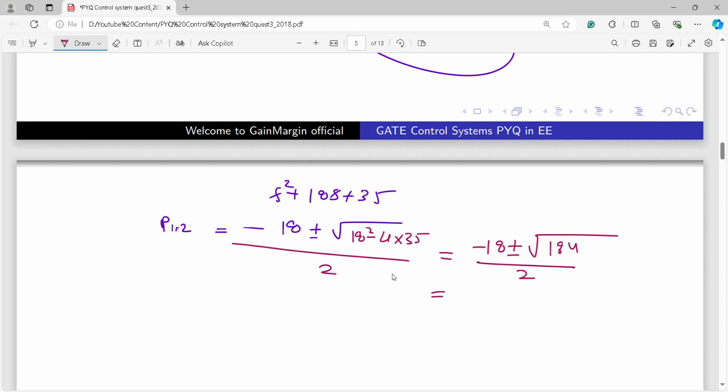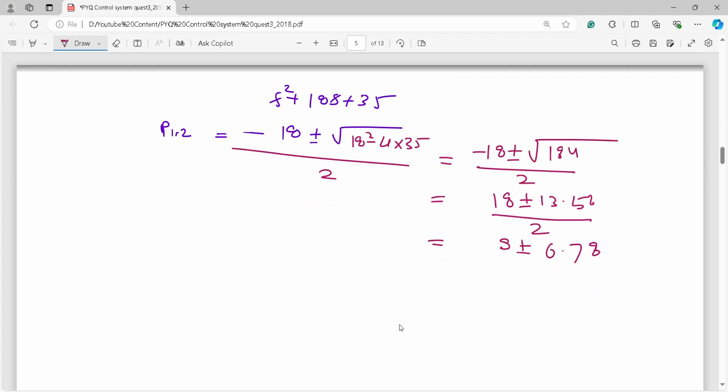So 184, it is coming out root 13.56 approximately, by 2. If you solve it, 9 plus minus 6.78. So what are your final poles?